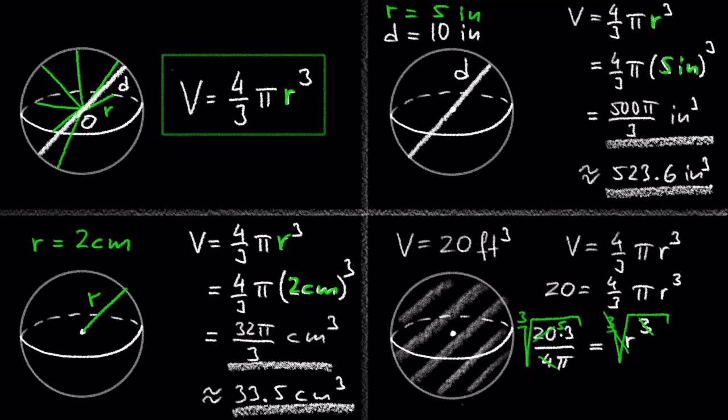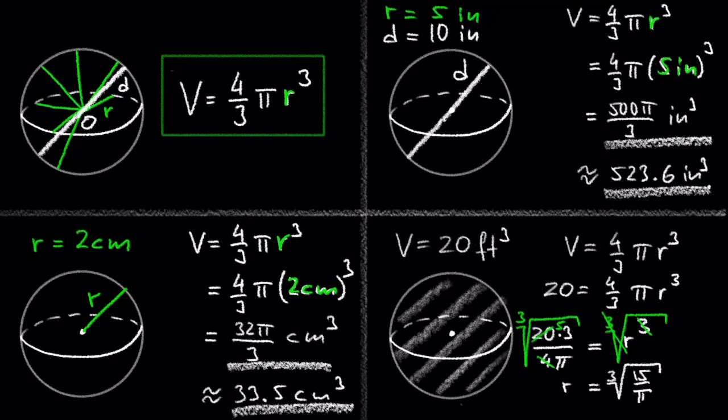So we get r equals the third root of 15 over pi. So the exact radius of this sphere is the third root of 15 over pi feet. Or we can say the radius is approximately 1.7 feet, rounded to the nearest tenth.